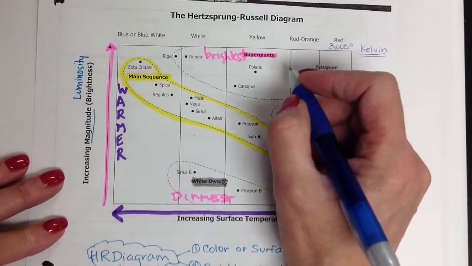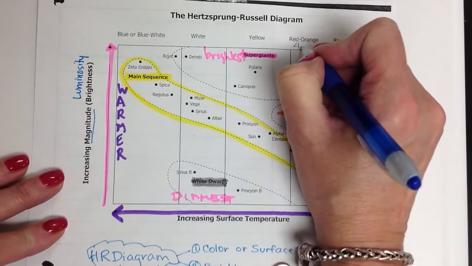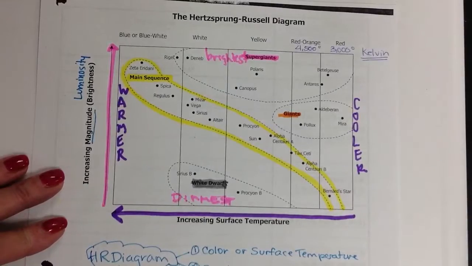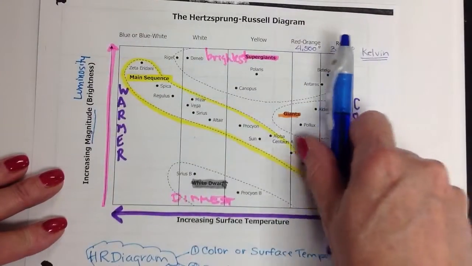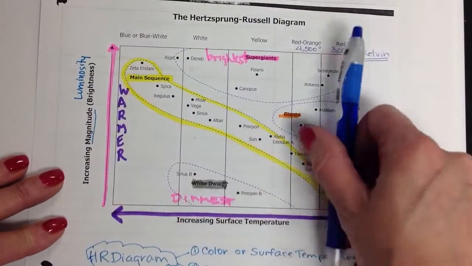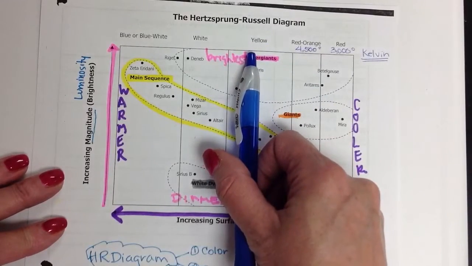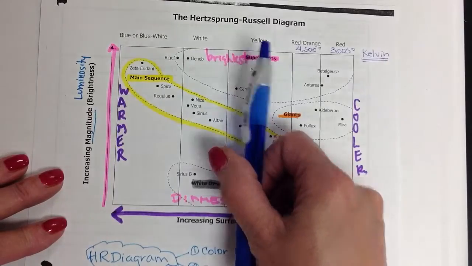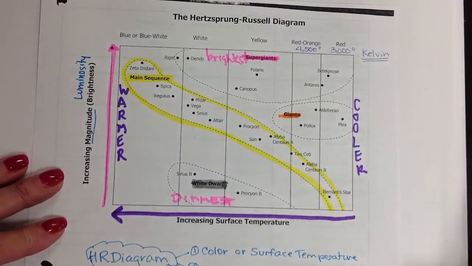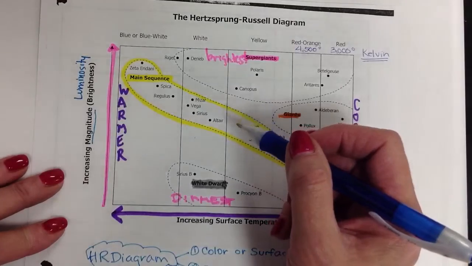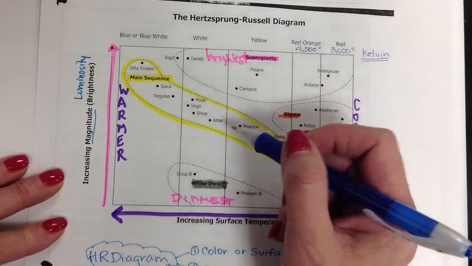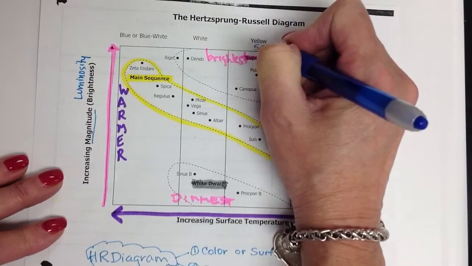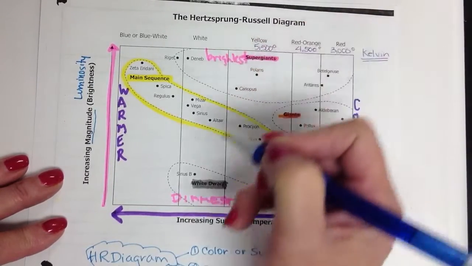All right, so as we move further, the degrees or the temperature increases. So red-orange stars have a temperature of about 4,500 degrees. And then remember, we're going from cooler to warmer, so the cooler stars are here, getting warmer. Yellow stars range from around 5,500 degrees Kelvin.